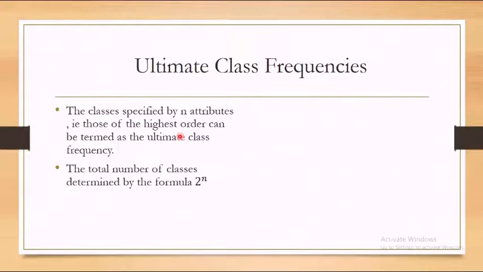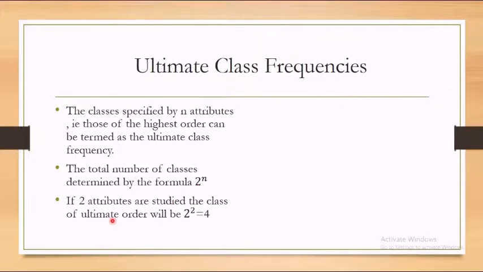Whereas the total number of class frequencies, the earlier one, we determined by 3 raised to n. In the case of ultimate class frequency, the formula is 2 raised to n. If we are studying two attributes, then the number of classes of the ultimate order is 2 raised to 2, which is equal to 4.